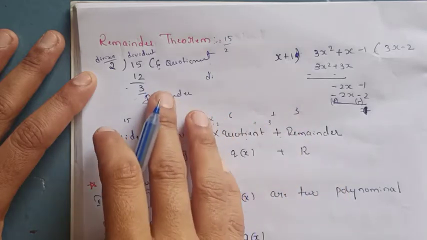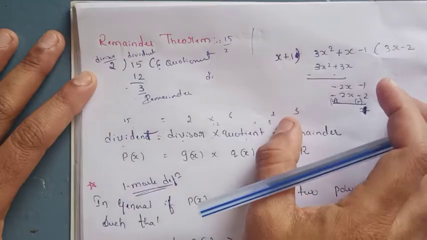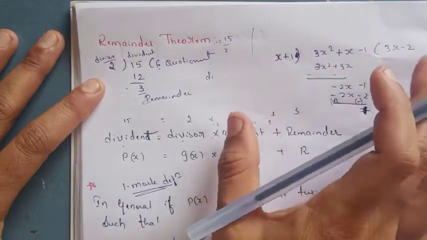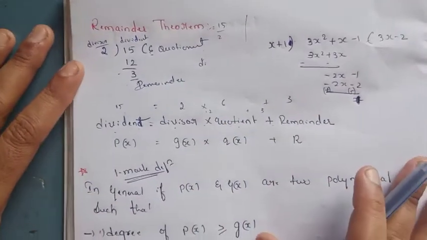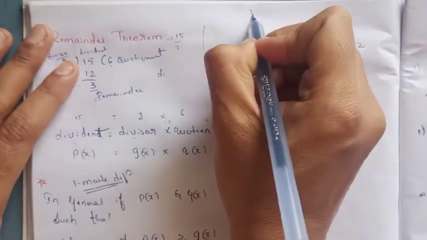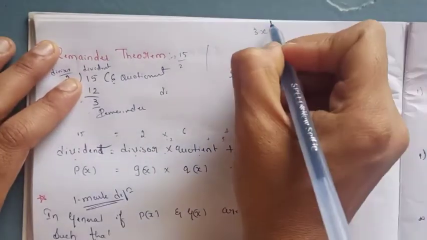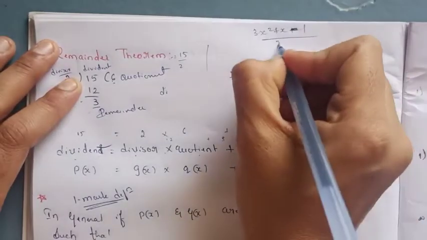In this way we should apply this formula to an algebraic expression or polynomial equation, then we get the remainder problem. Here the equation I have given is 3x square plus x minus 1, divided by x plus 1.